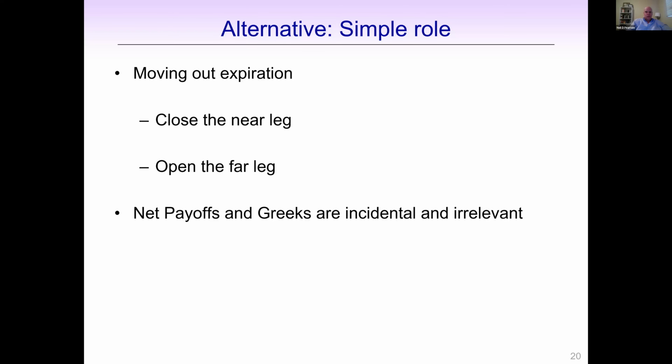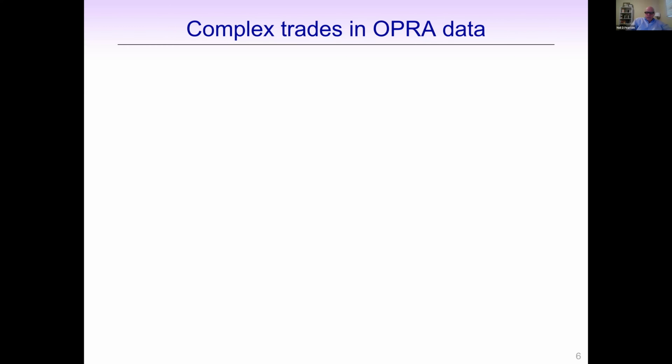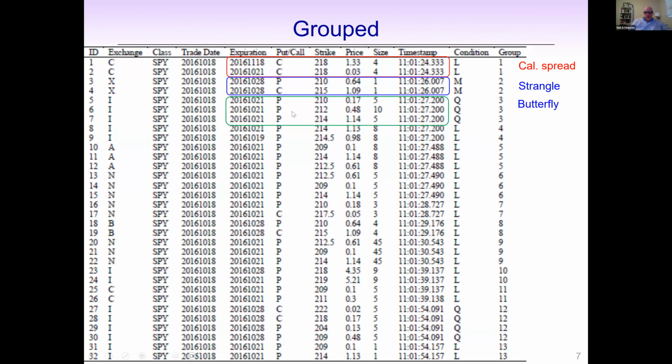And it's actually worth going back here to see this. Whoops, I went too far. Right, just look at this first one that I said is a calendar spread. The trade date is the 18th. One of the legs had only 3 days to expiration.